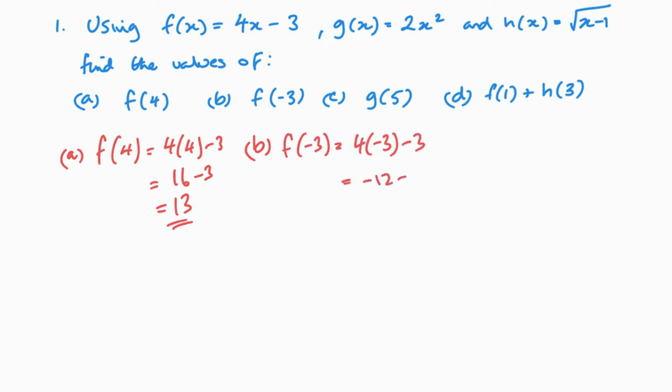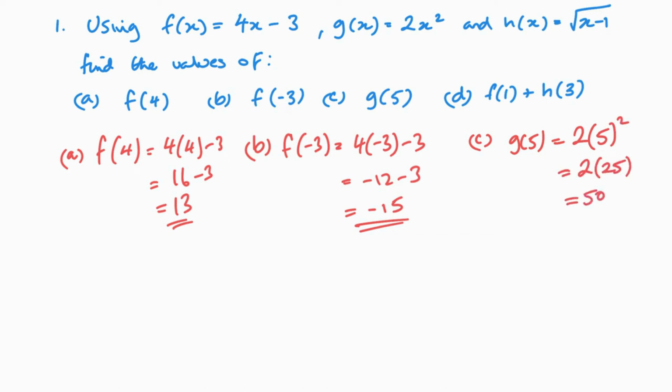So minus 12 minus 3 is minus 15. Look at part C, this is g of 5. Substitute in, so 2 lots of 5 squared, 2 lots of 25, which is 50.